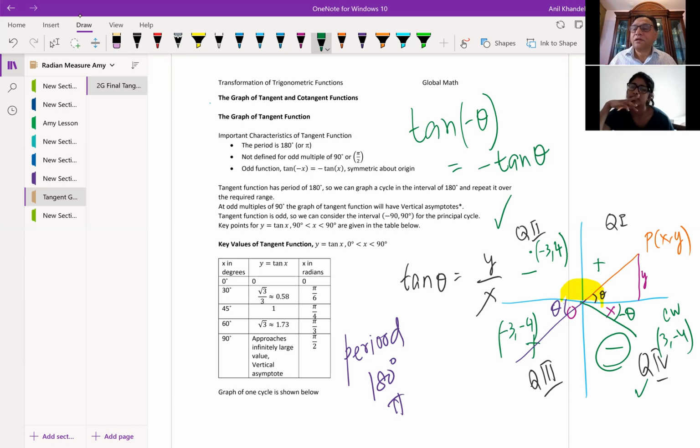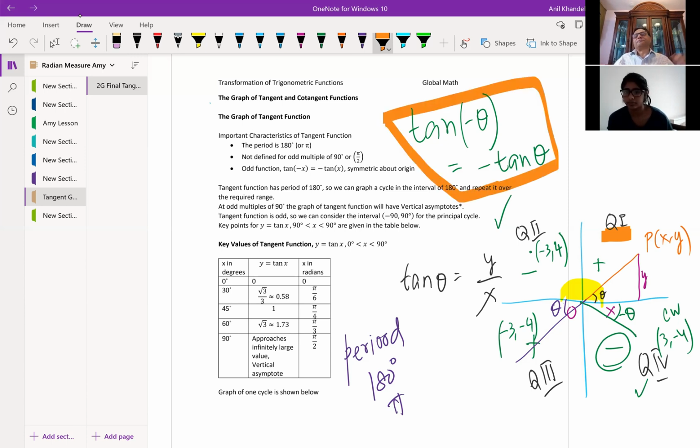So even if you work in quadrant 1, you can produce what is in quadrant 2 because of the nature that tan of minus theta is equal to tan theta with a negative sign.